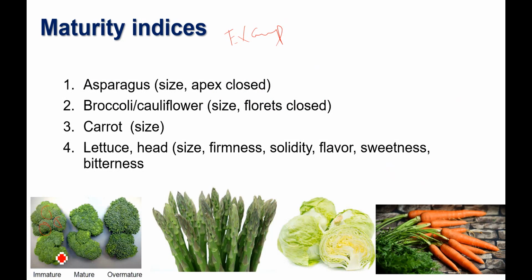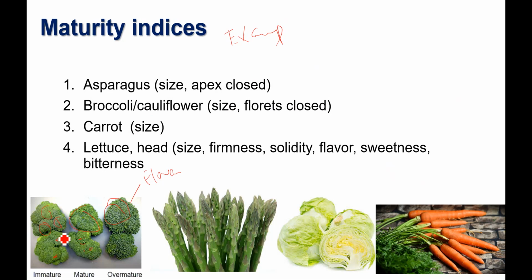But when it is mature, each of these florets is opening up. The green color is turning a little yellow, and this part is blooming. And in this over-mature case, you see all of them have turned into flowers. So it is opening. This is broccoli.